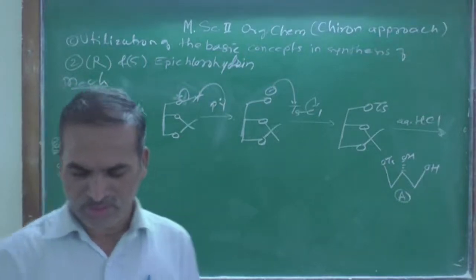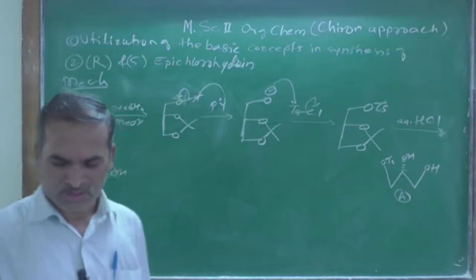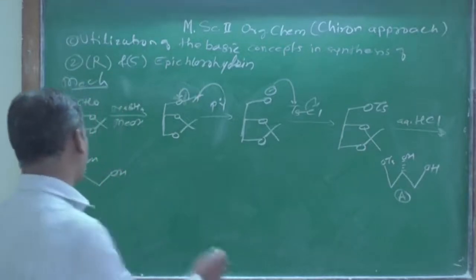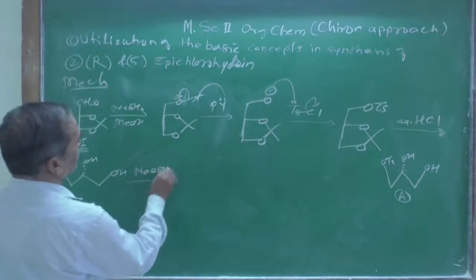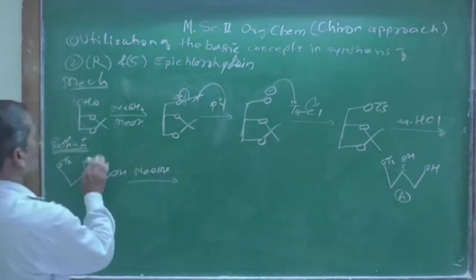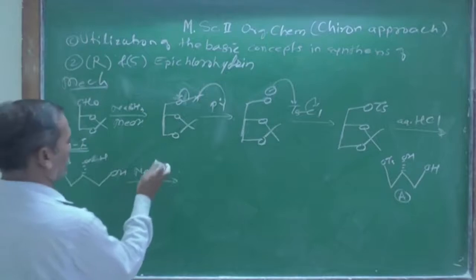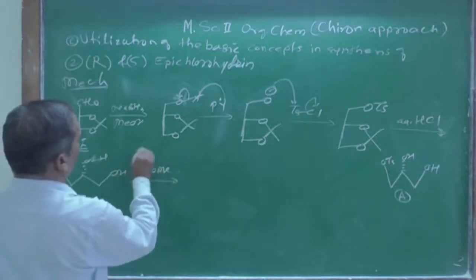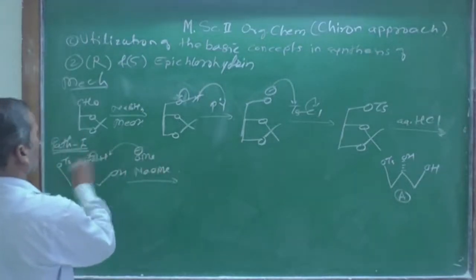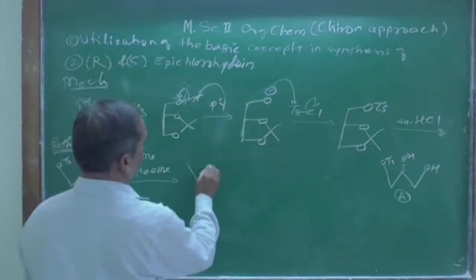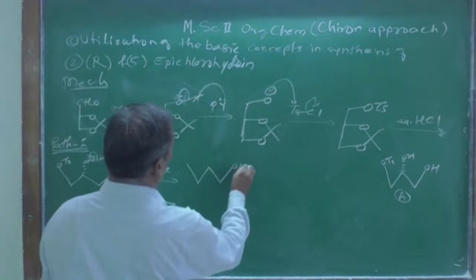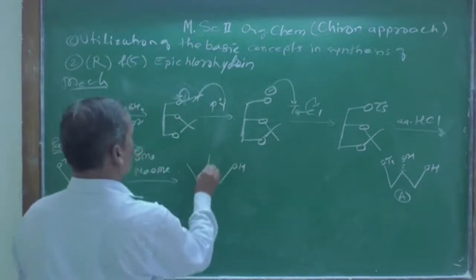We treated with sodium methoxide, NaOMe, and here what is going to happen? Specifically, OMe minus will pick up the proton from here, and you are going to get this one. So here I am writing separately, OH still remains there.